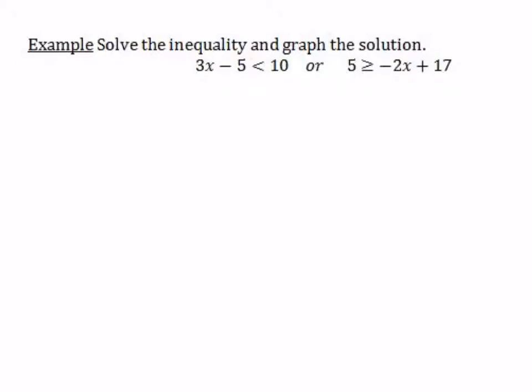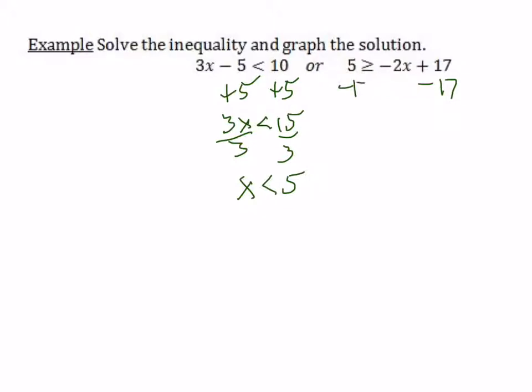Here's an OR inequality. This is already separated for us, so what we just need to do is solve this. Add 5 and solve them separately. 3x is less than 15. Divide by 3, and x is less than 5. So let's subtract 17 from this side, and we get negative 12 is greater than or equal to negative 2x.